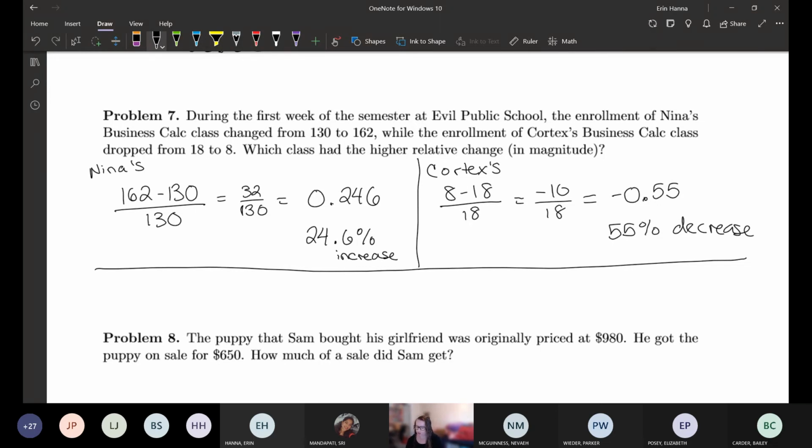Now for this question, we were asked which one had a higher relative change in terms of magnitude, which just means that we forget about the sign. I don't care if it's a decrease or increase, I just care about the percent number. So since 55 is greater than 24.6, you wouldn't have to write that down, but just to really knock it home as to why it is what it is, Cortex's has the larger relative change.